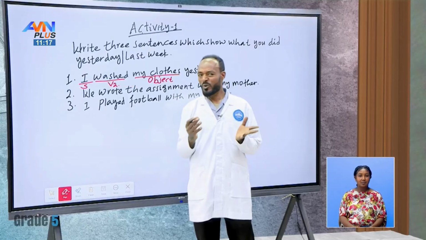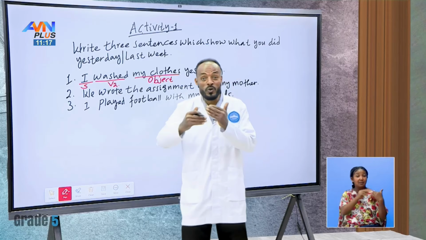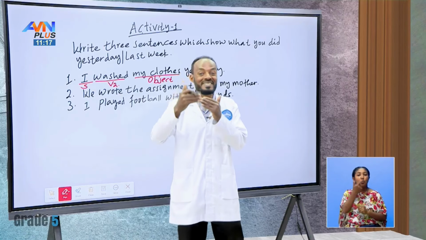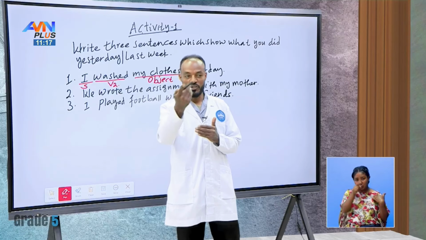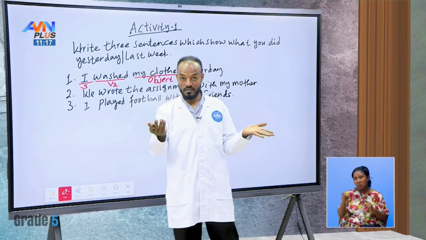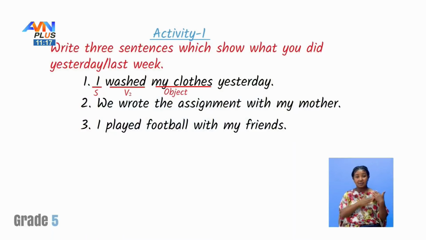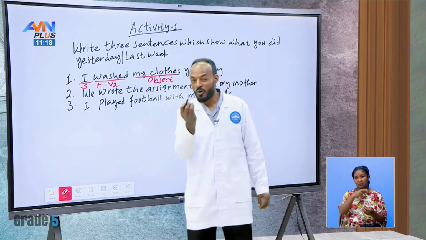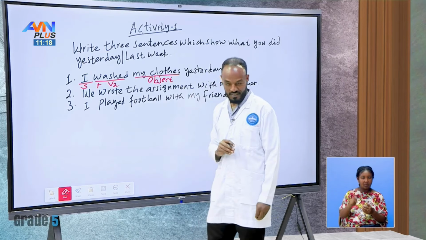By the way, do you know what the subject means? The subject means the doer of the action. Who did the action? Okay? It can be you, your friend, or someone else. Nice. So here, subject plus verb 2. This means the form of simple past in affirmative.